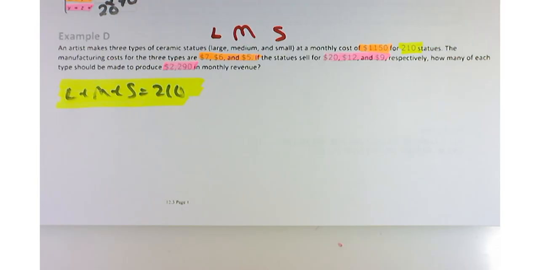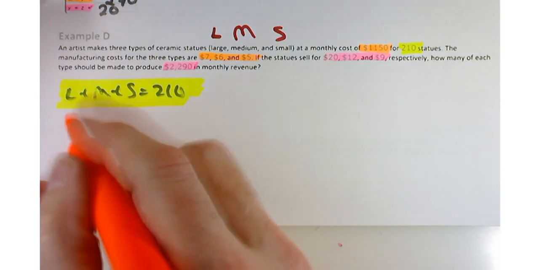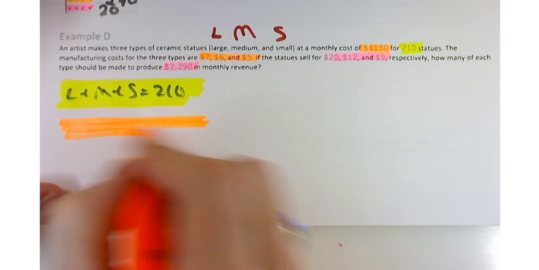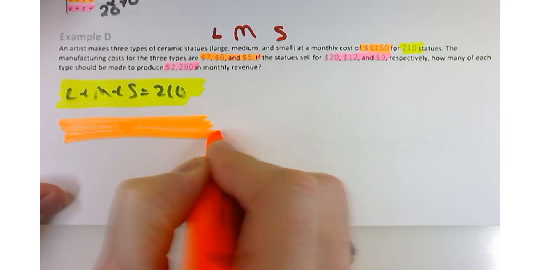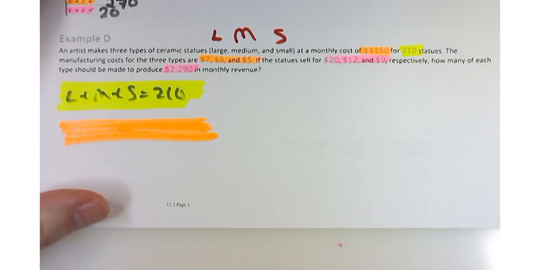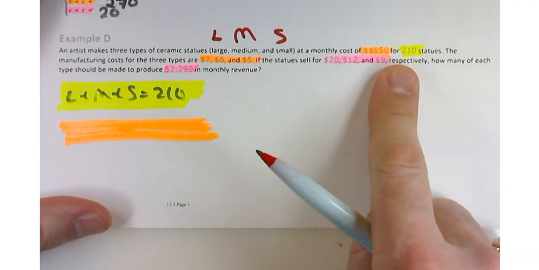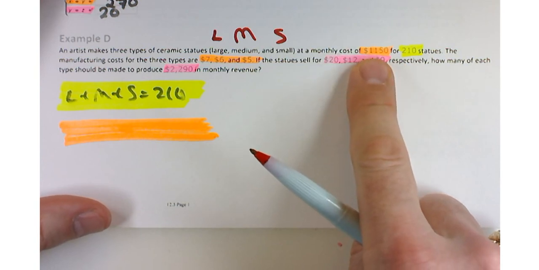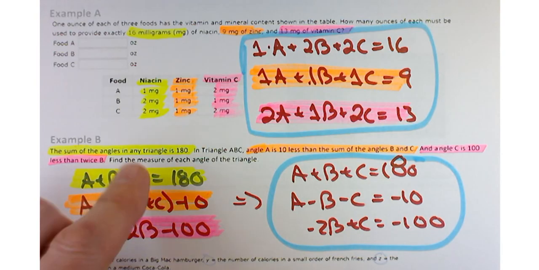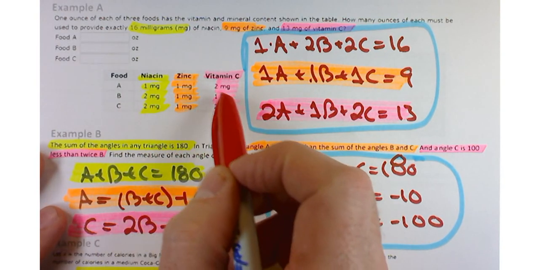Now our other equation talks about the cost. So let's figure out the cost here. The equation that we're going to come up with for the cost reminds me of what we did up here. We wanted to figure out how much vitamin C we had.